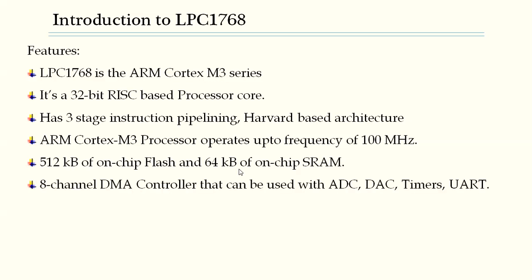It has got an 8-channel DMA controller. DMA stands for Direct Memory Access. Now, what is the functionality of the DMA? Whenever there is an operation where the processor is not required to be a part of the execution process, then the question arises, why unnecessarily waste the CPU time? For example, when the ADC converts analog data into digital, it's the functionality of the ADC block.